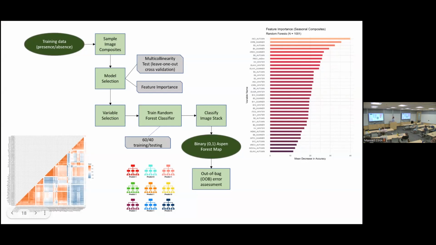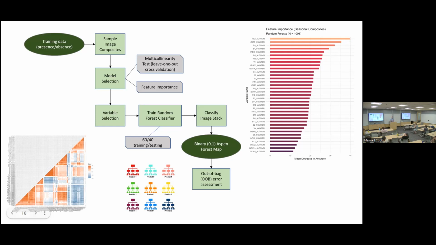I don't expect you to be able to read these plots because honestly, even if it was big, you still wouldn't be able to read it. There's 72 different bands that we're testing. Essentially all that's showing is that we tested multicollinearity, we removed highly multicollinear variables, and then we ran it through an iterative model selection process to identify which bands we wanted to keep in our model, right?